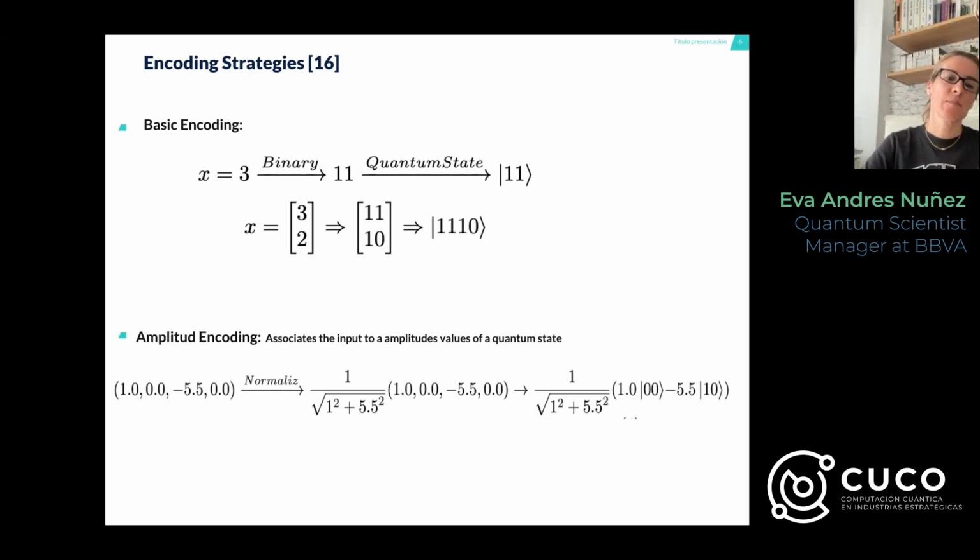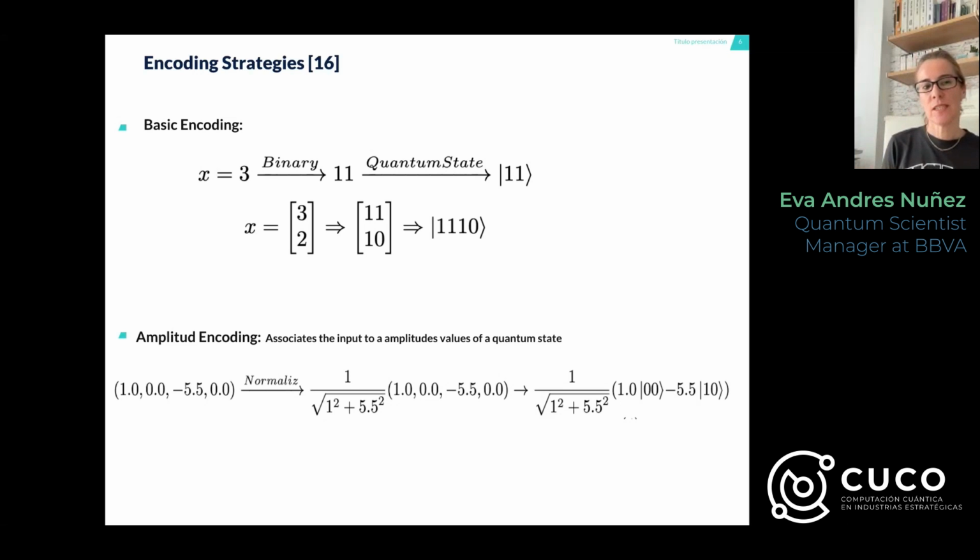I mean, the number of qubits does not depend on the number of features, but on the values of your data set. The traceability is very easy because you only have to convert the value of the data to binary, so you get the quantum state directly.